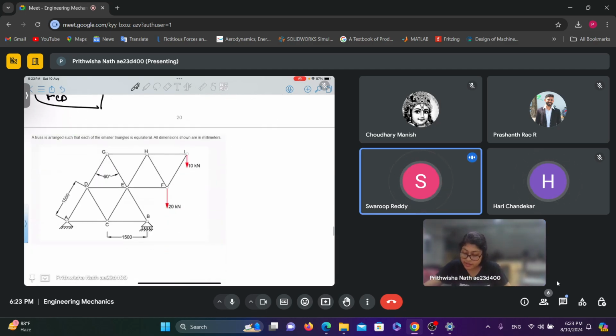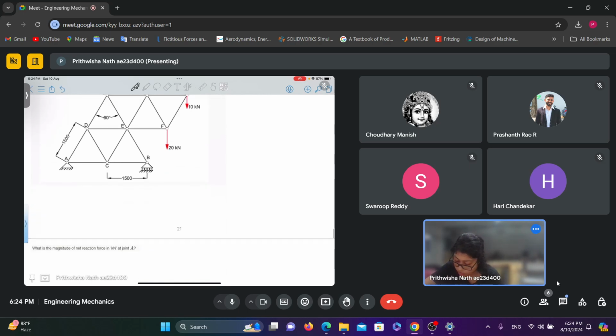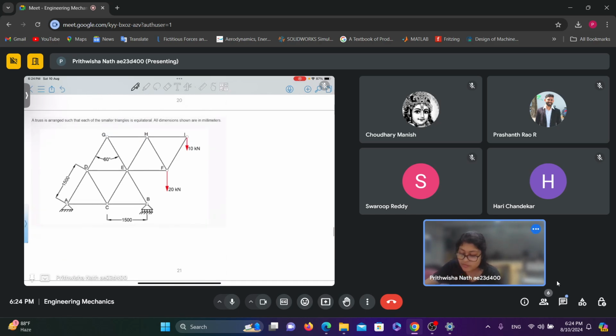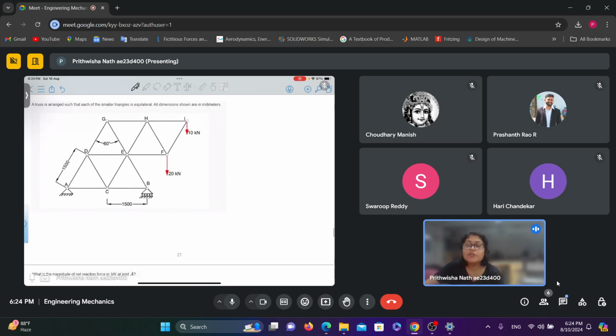So the next problem. A truss is arranged such that each of the smaller triangles is equilateral. All dimensions shown are in millimeters. What is the magnitude of net reaction force in kilonewton at joint A? So can you try this problem? The same process you have to follow.